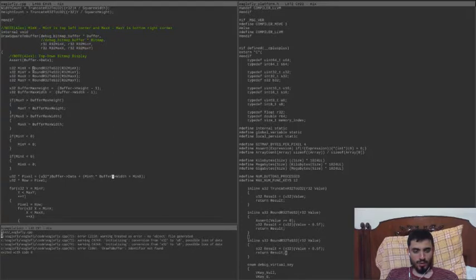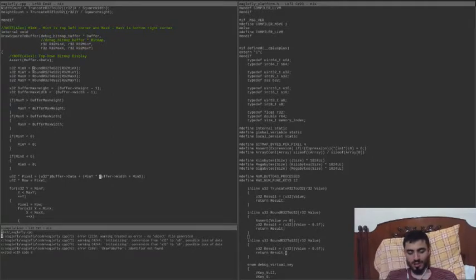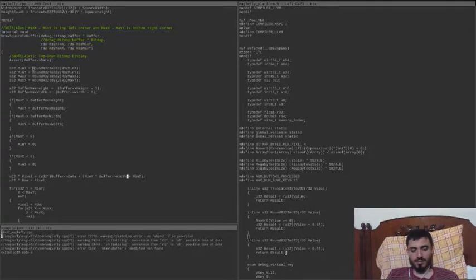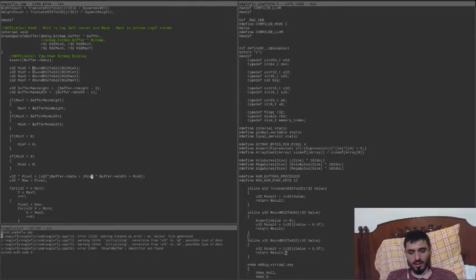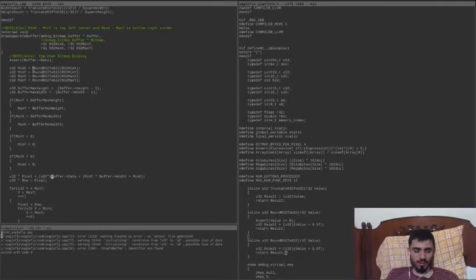Which of course, just visually it's kind of weird, but the way we set the scan lines to be the buffer, that's the way it goes.